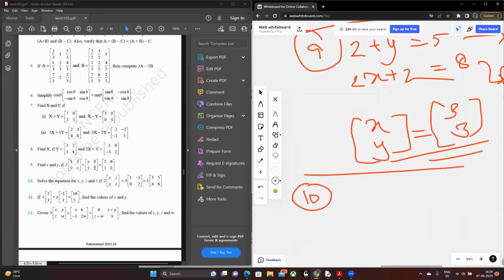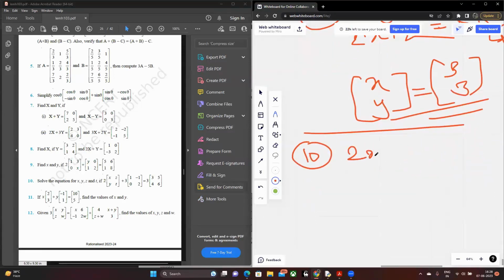Solve the equation for x, y, z, and t if 2 into this plus 3 into this is equal to 3 times this. So basically what happens here is that I'm going to separate this into 4 equations. That is 2x plus 3 is equal to 9. You have 2z minus 3 is equal to 15.